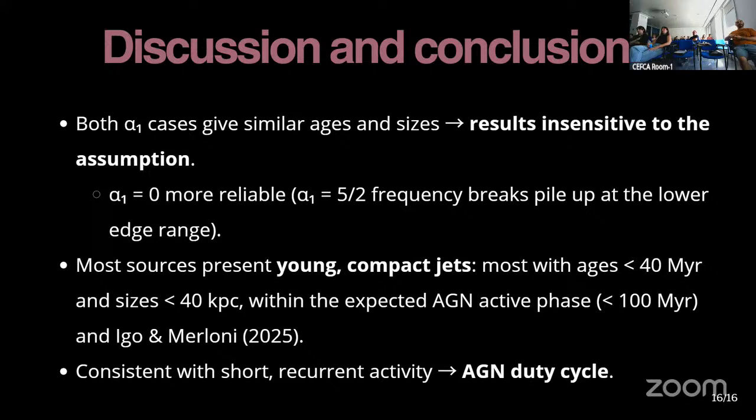It is also consistent with short-lived jets, because it's really young, so we shouldn't have jets that live for so long. So this is also consistent with the AGN duty cycle that I mentioned at the start.